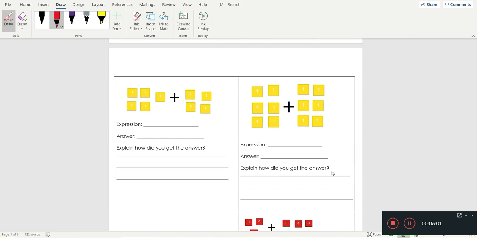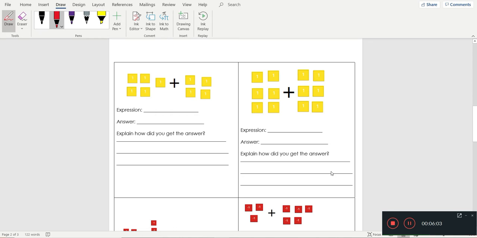Okay, now here we have adding integers with like sign. As you can see, they're both yellow, so it should be easy. So it's going to be 5 plus 4. They're both yellow, so I don't need to use a zero pair. So the answer is 9.